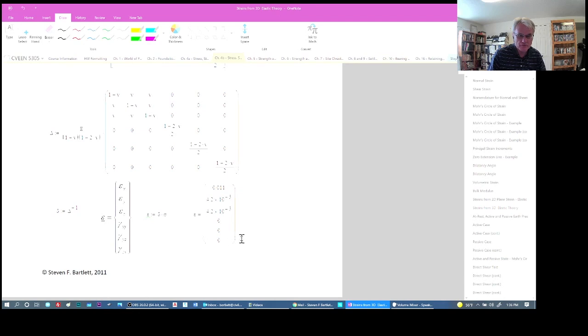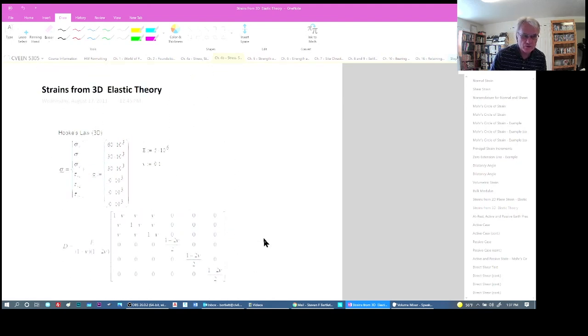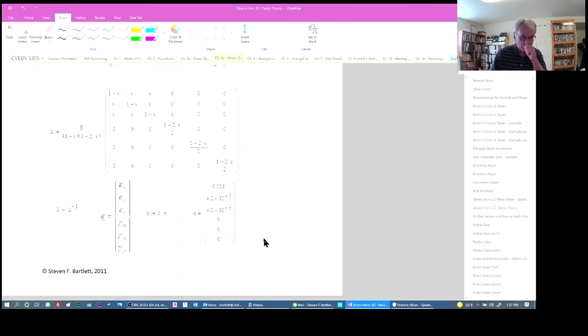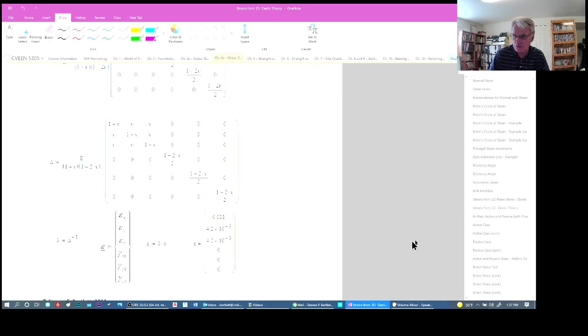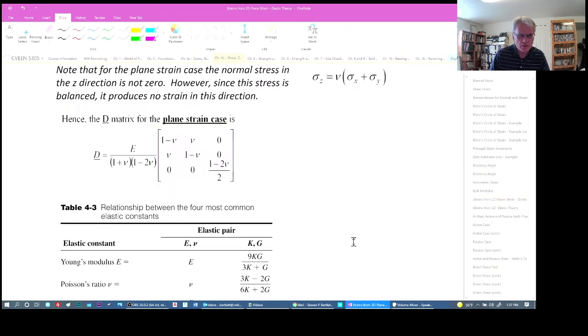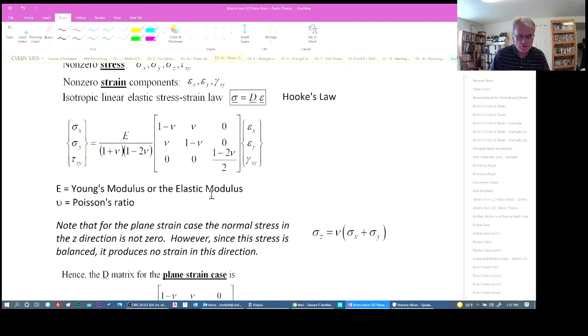And we have the strains that we've gotten from solving this using the matrix operations. Okay, so that's a three-dimensional application of Hooke's law. I don't know if you'd have to do three. You would have to maybe do two sometimes. So this is the formulation that you'd use for two-dimensional stresses.